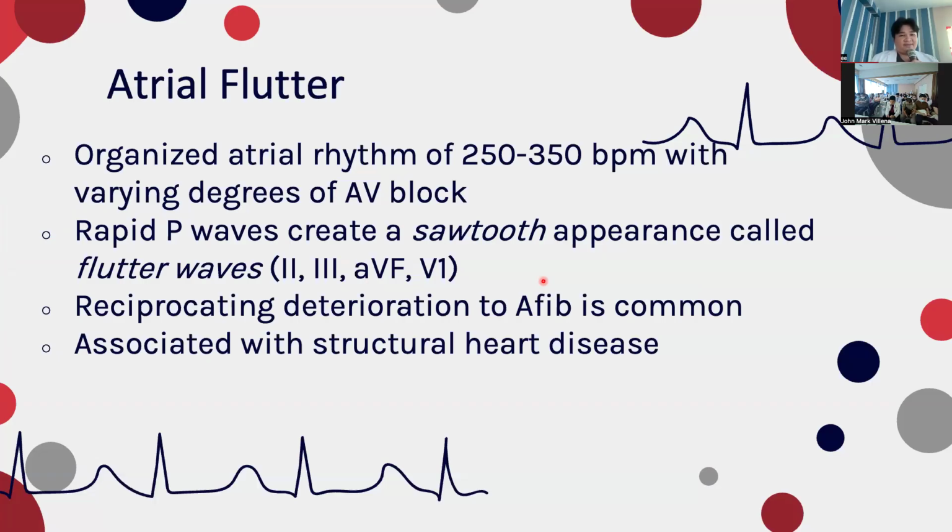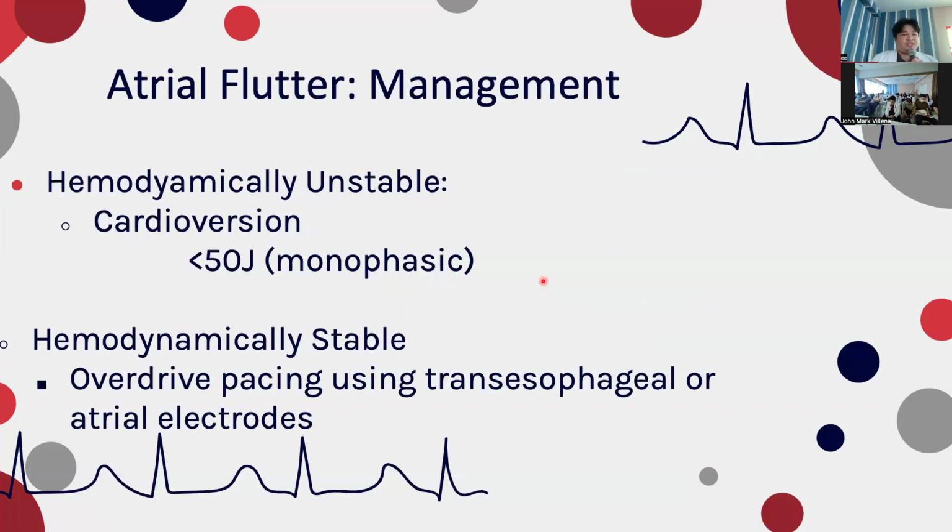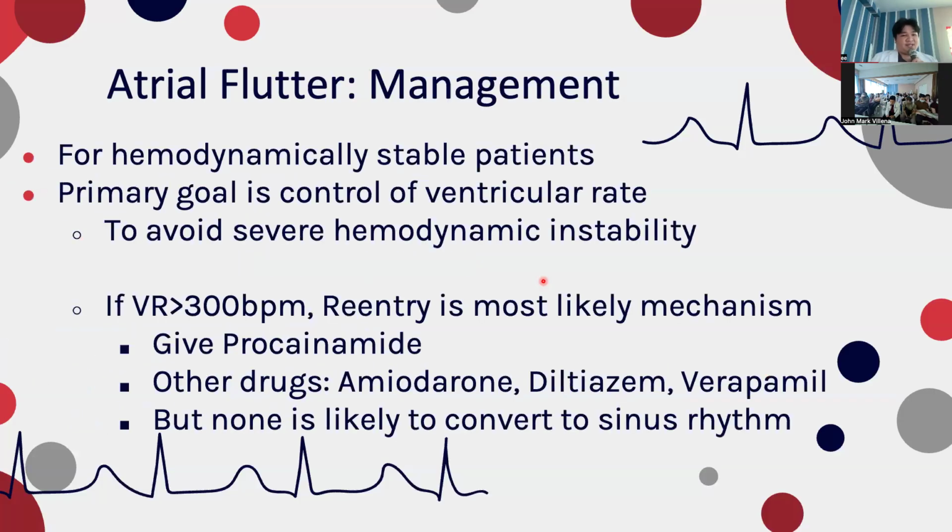For the management, if patients are hemodynamically unstable, we can do cardioversion with 50 joules using monophasic. For hemodynamically stable patients, overdrive pacing uses transesophageal or atrial electrodes.